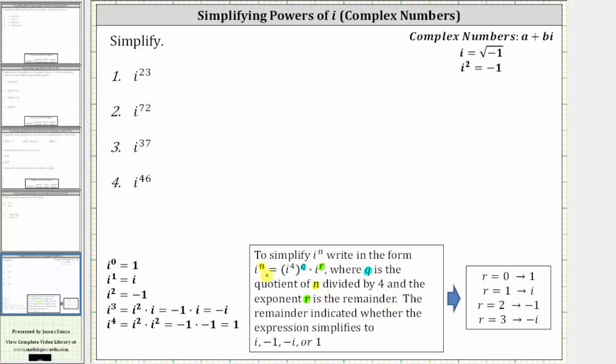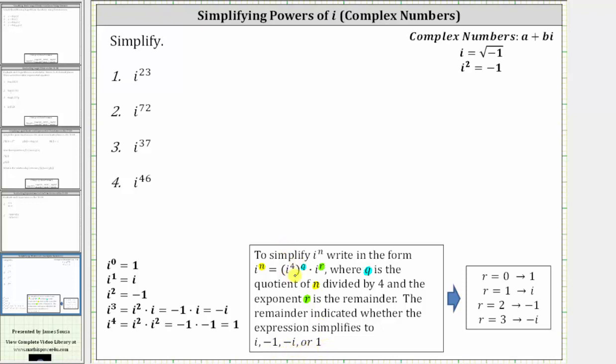So we always take the original exponent, divide by 4, the quotient gives us the exponent q, and the remainder gives us the exponent r.